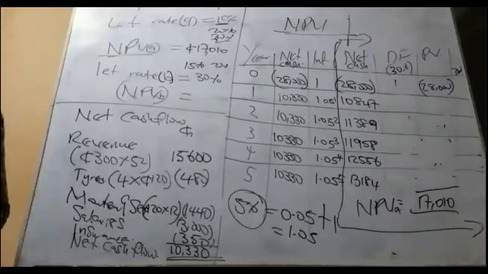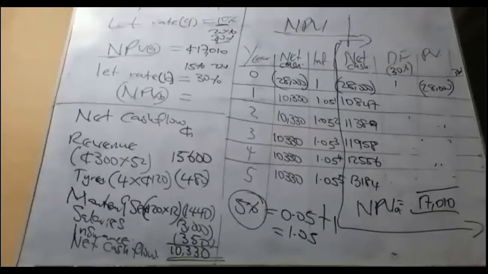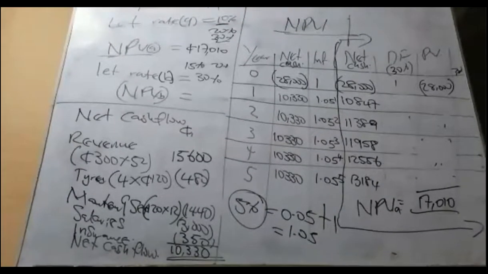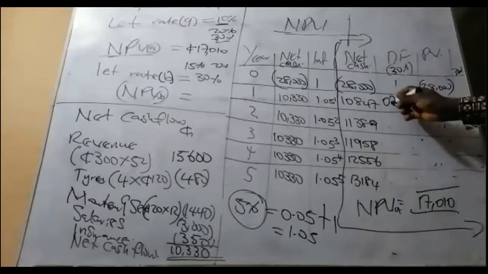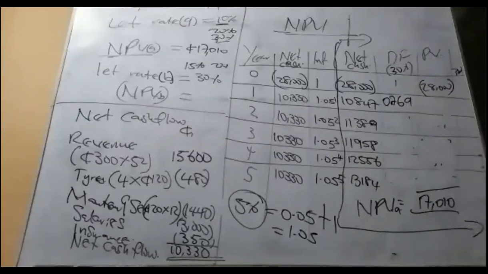So the discount factor for 30%, year one, would be 1.3 to the power minus 1, which gives us 0.769.